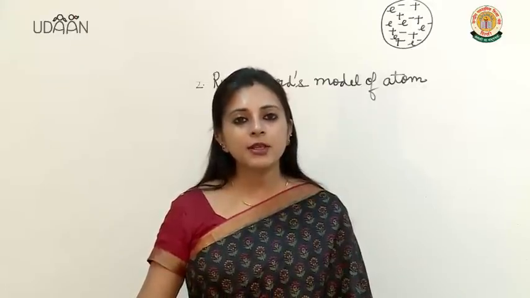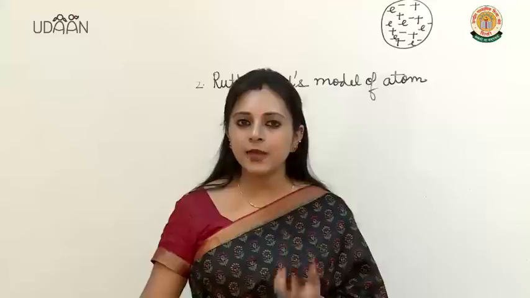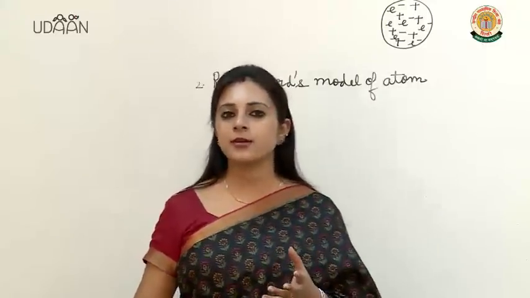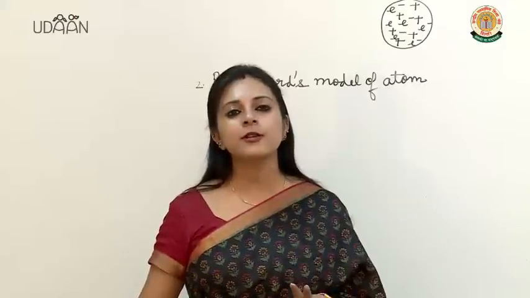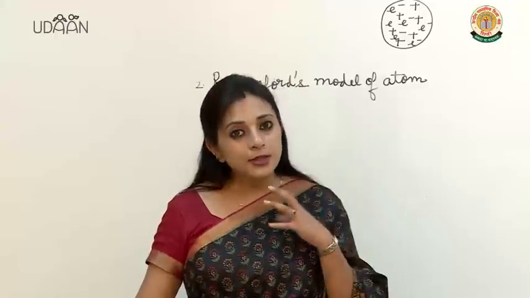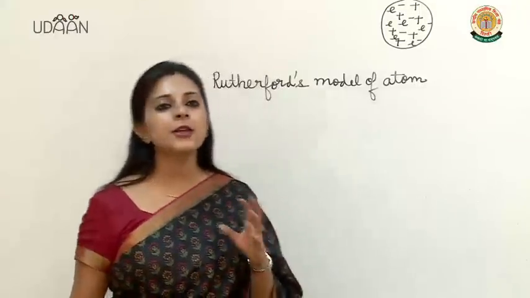That atom contains a positively charged body which is heavy in the center, and this heavy positively charged body present in the center is known as the nucleus, and the entire mass of the atom is concentrated in this body. It consists of protons and neutrons.